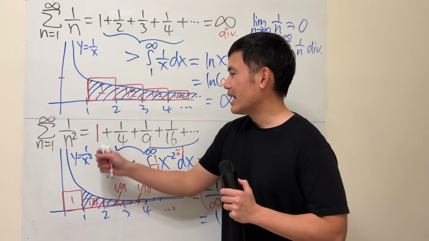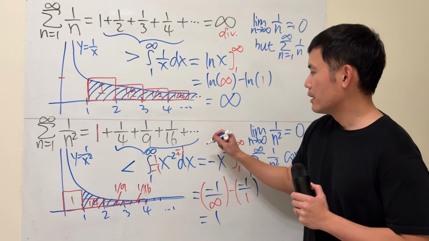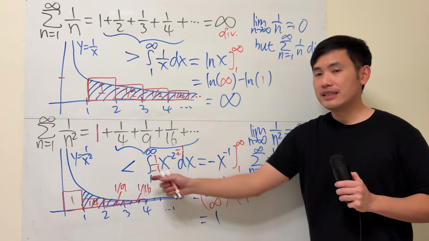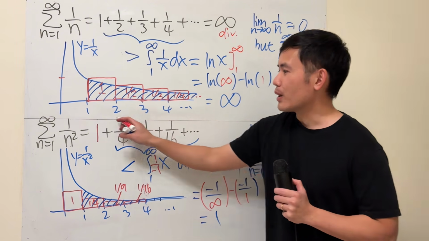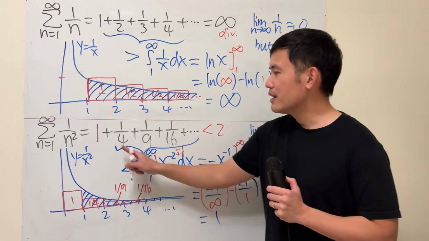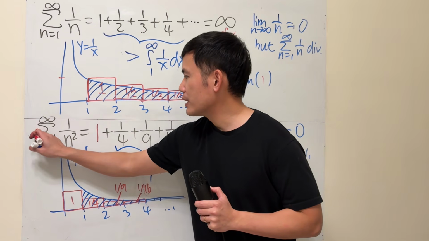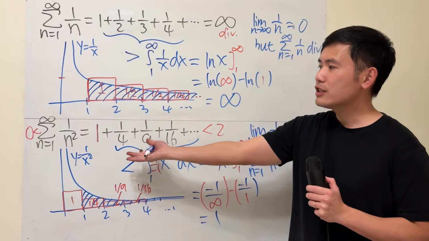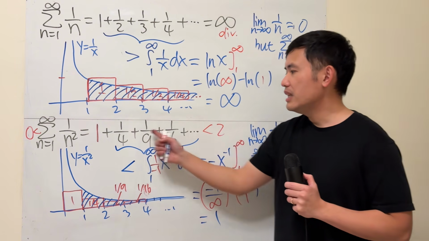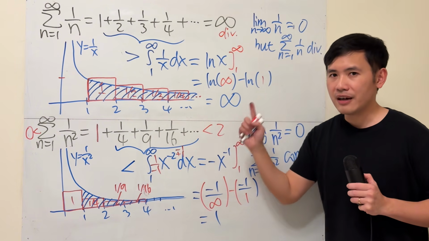Have a look. What we are saying is that here we have 1. And here we have something that is less than 1. So we can conclude that this right here is less than 2. And because all the terms are positive, we know that this result has to be greater than 0. Therefore, you can see that this infinite series must converge.